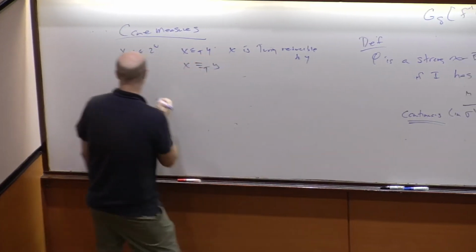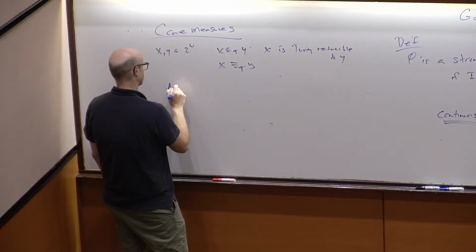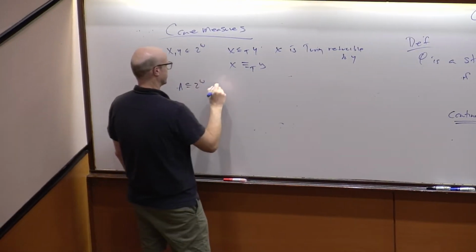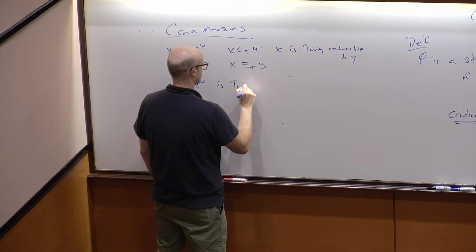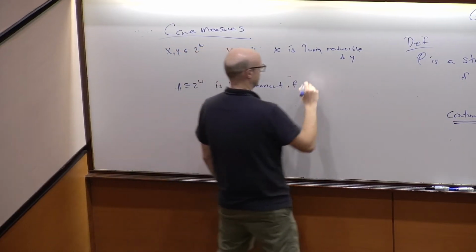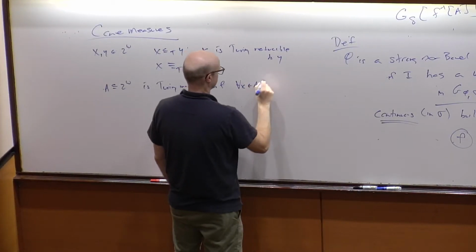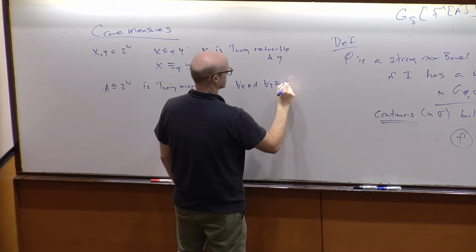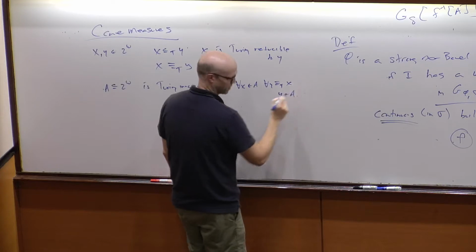We also have the notion of a set being Turing invariant. A contained in 2 to the omega is Turing invariant if for all x in A and for all y equivalent to x, y is also in A.